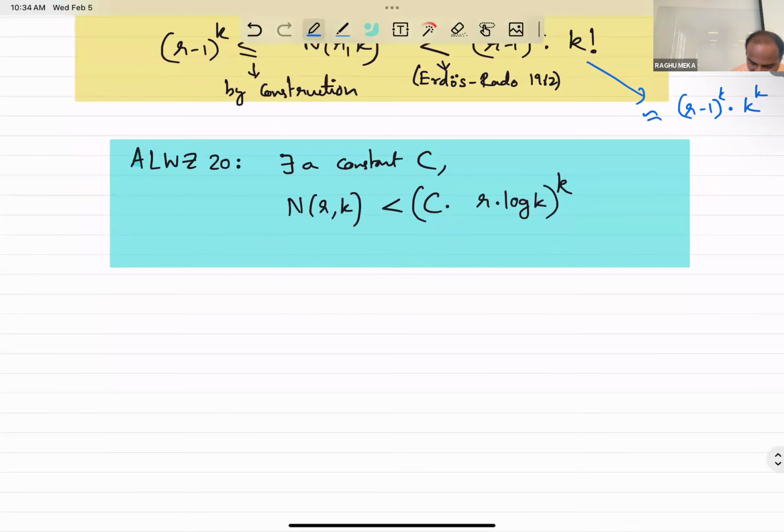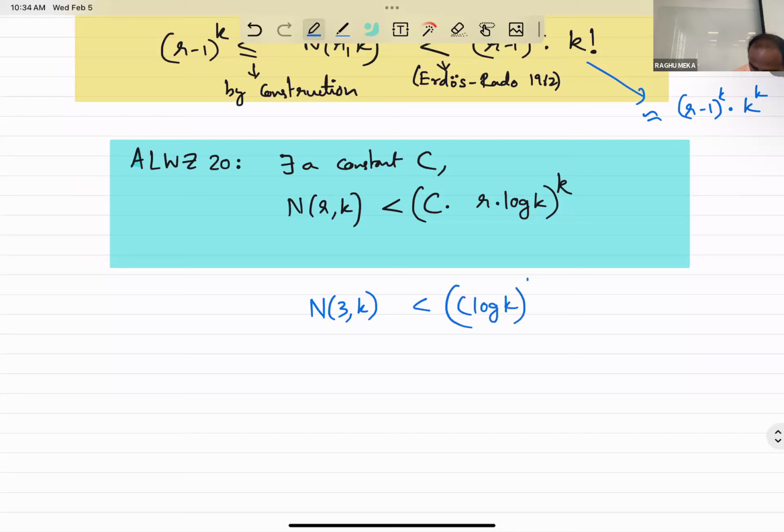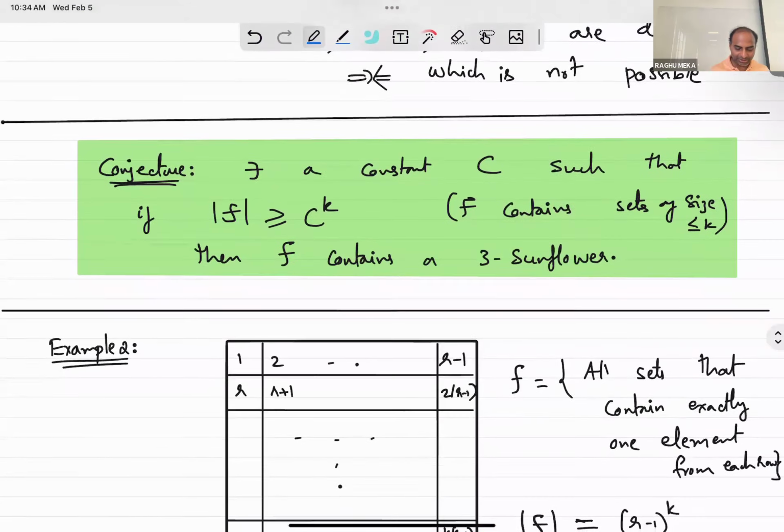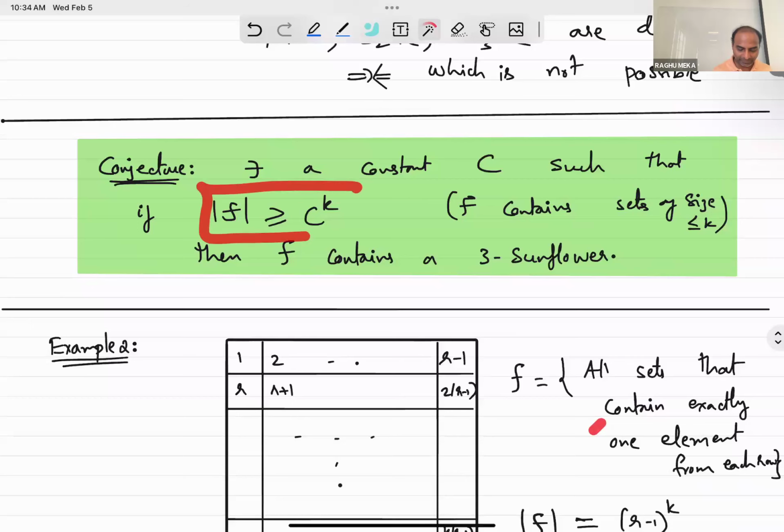For instance, this tells us that n(3, k) is basically some constant times (log k)^k. So it's getting very close to the conjecture. Instead of getting c^k, you're getting (c log k)^k, whereas the previous one was k^k.